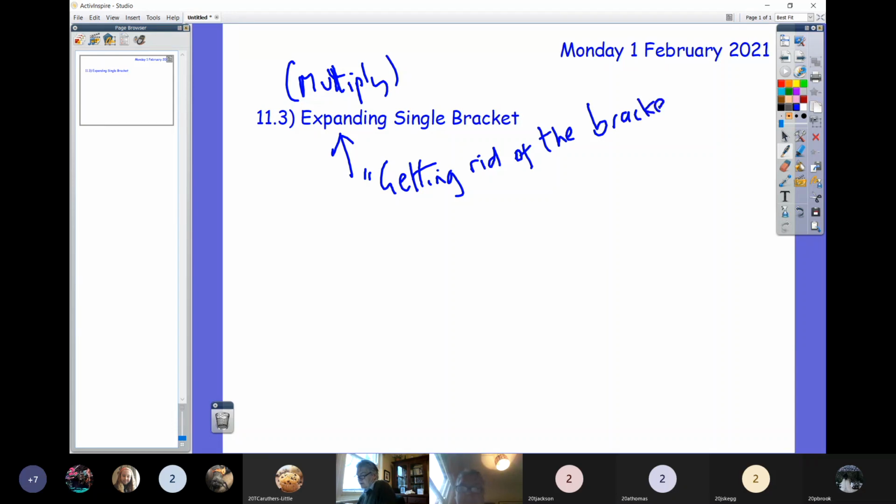So that's what you're thinking in your mind. I'm just going to take you through a few examples. So example 1, we could have 4 bracket x plus 3. And you've got to do stuff to get rid of that bracket.